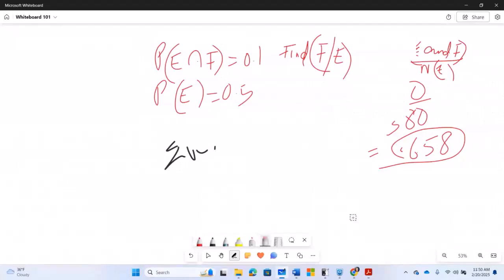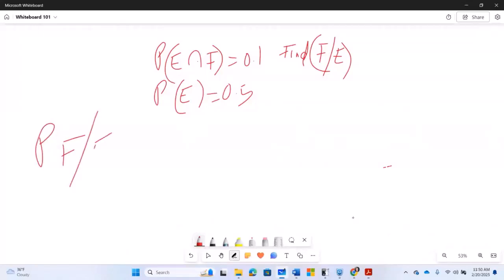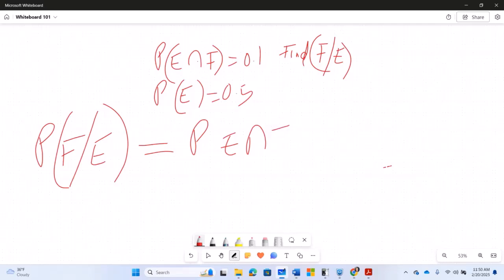So when you are given that question, the first thing you want to do is write the numerator, which is the probability of E intersection F, all divided by the probability of E. This is the formula.